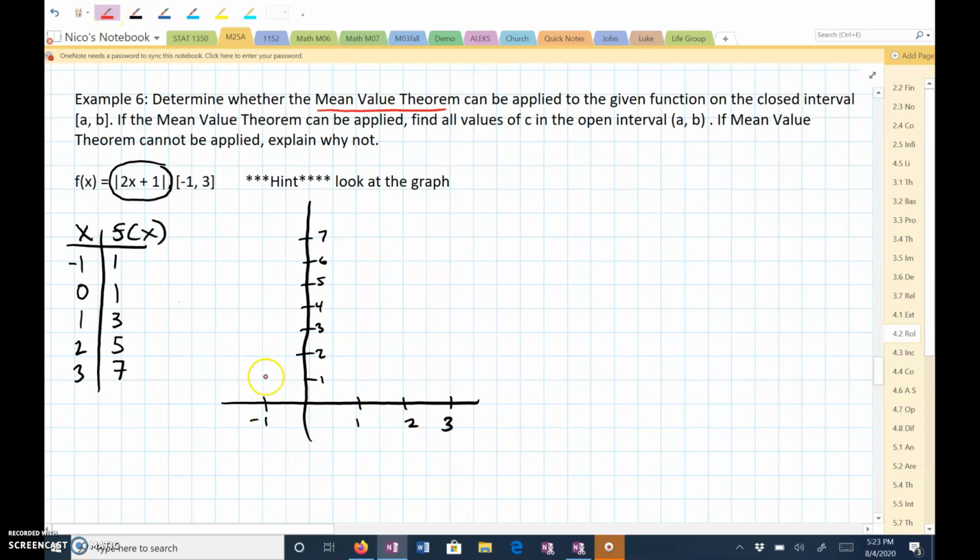So at negative 1, 1, I got a point. 0, 1, I've got a point. 1, 3, I've got a point. 2, 5, I got a point. And 3, 7, I've got a point. So it looks like this absolute value function is going to look something like this.